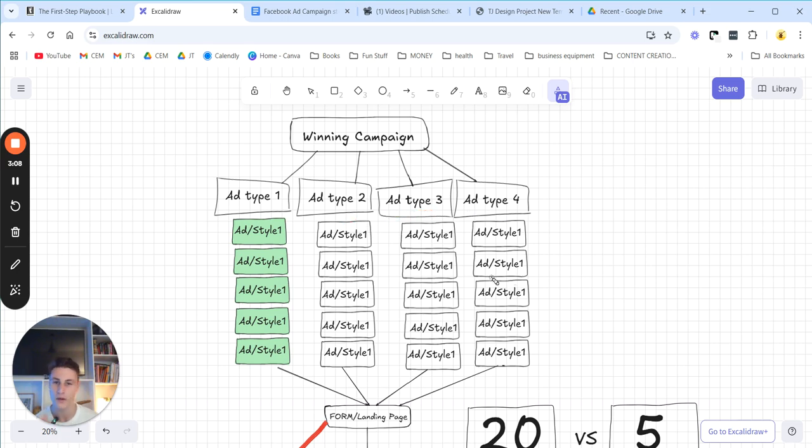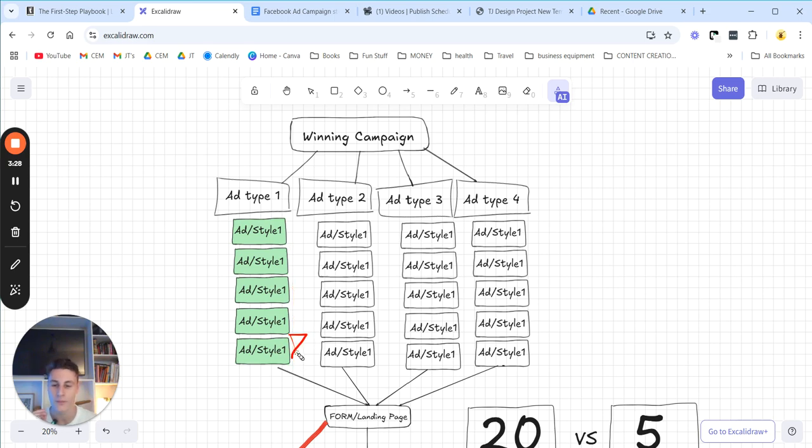Now, the caveat here, and the reason most people fail, is because they just test the same thing 4 different times. What we do, and what gurus don't tell you to do, is to test different types, 4, 5, 6 different types of campaigns or ad sets, and have different variations of them.